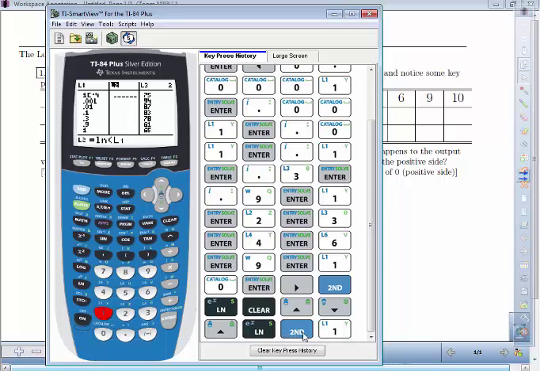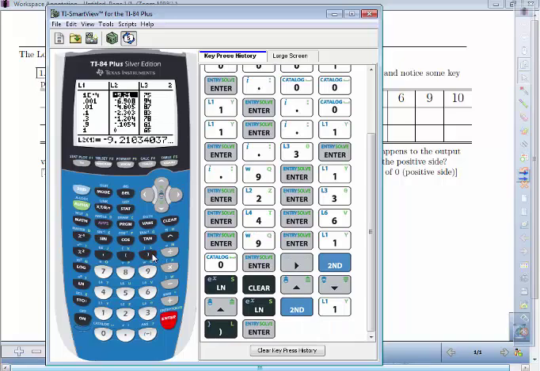Second and the number 1. What happened? Oh, that's a bummer. All right. Close the parentheses and hit enter, and then everything is going to get filled in.